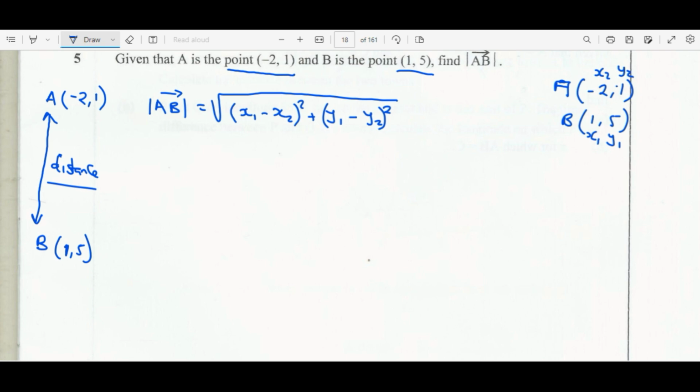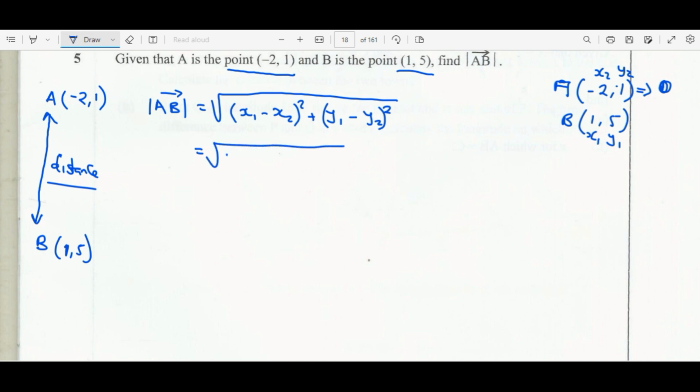So why have we put it this way? If we had used these the other way round, we would get a negative answer, and then it would be an error at the end of it, or it means that you've wasted a lot of time. Let us substitute now.